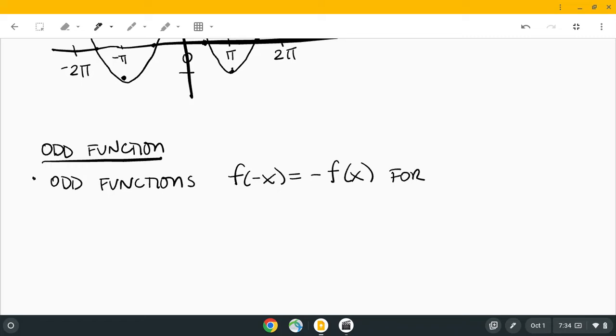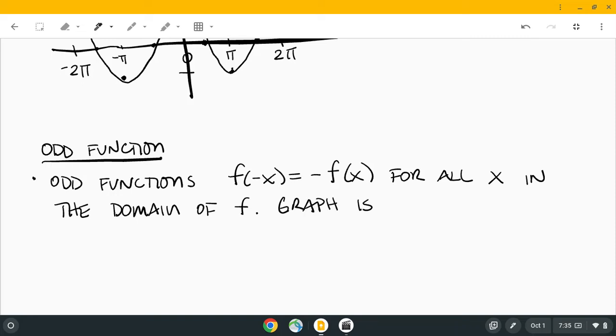So they aren't equal like even functions, for all x in the domain of f. And here the graph is symmetric about the origin.